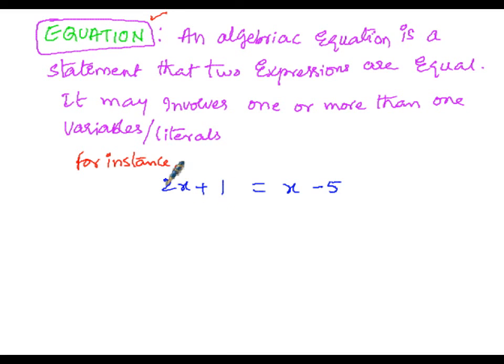The first expression is 2x plus 1, which is on the left hand side of the equality, and the other expression is x minus 5, which is on the right hand side. Two expressions must be equal, then only that statement is called an algebraic equation. It may consist of one variable or more than one variable, and in this equation there is one variable, that is x. So in the present case, this is called an algebraic equation.